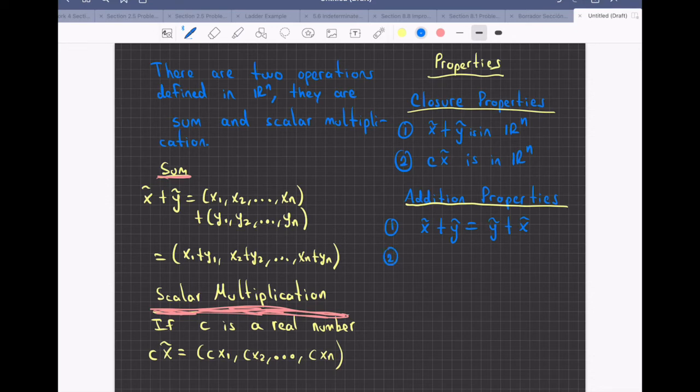Number two, x plus y plus c: if you first do x plus y and then plus c, it's the same as if you first add the vectors y and c, and then add this result to x. We're assuming that this is true.